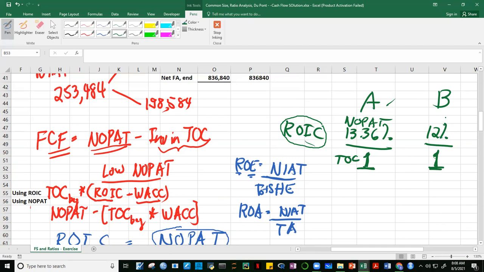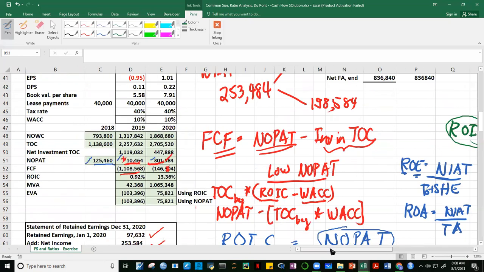We don't just base it on a singular NOPAT. That's why ratios are very important, because now we have a basis of comparison. For every peso of operating capital given to them, who generated the larger operating profit? In this example, it's Company A, so we can say Company A performed better than Company B.